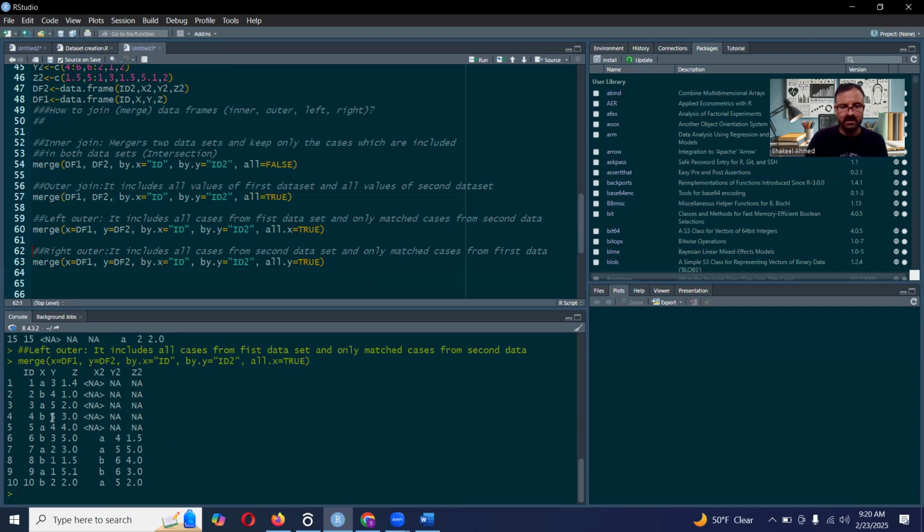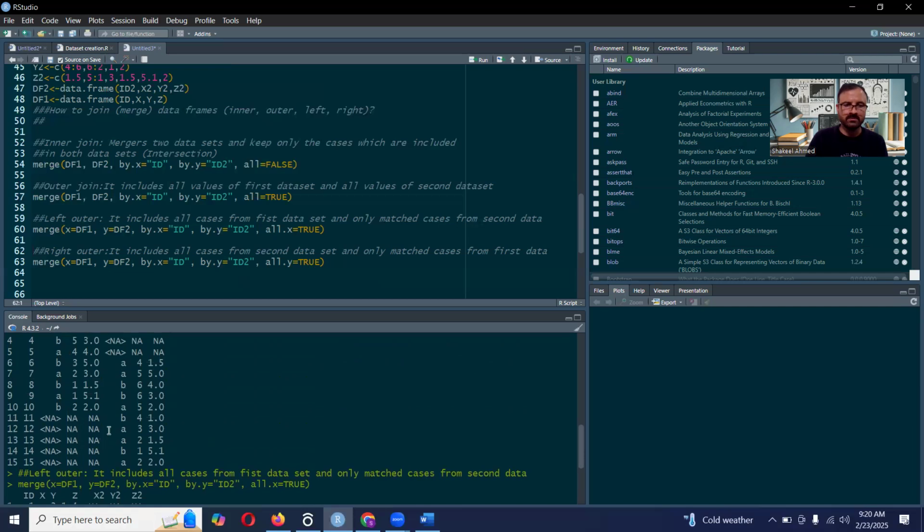These are from data 1, and we are including only those cases from data set 2 that are matched with the values in data set 1. We just skip other values. These values are excluded from data 2. So we are not interested in the values in data set 2 that are not matching with the persons or identities in data set 1.